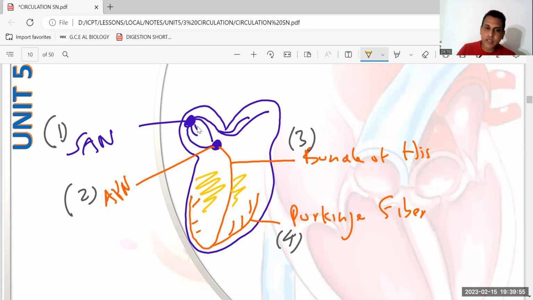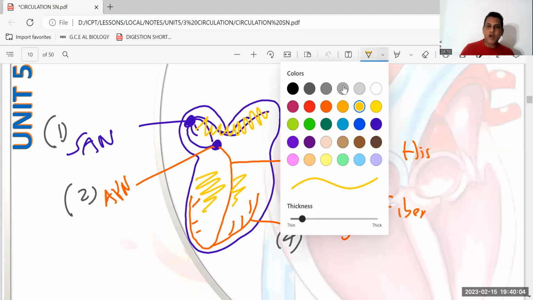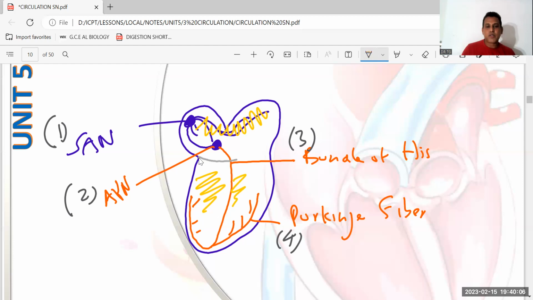The SA node can directly send signal to the atrium. And the atrial signal is not passing to the ventricles because of this separation. Fibrous rings separate atrium and ventricle. Atrium contracts separately, ventricle contracts separately.